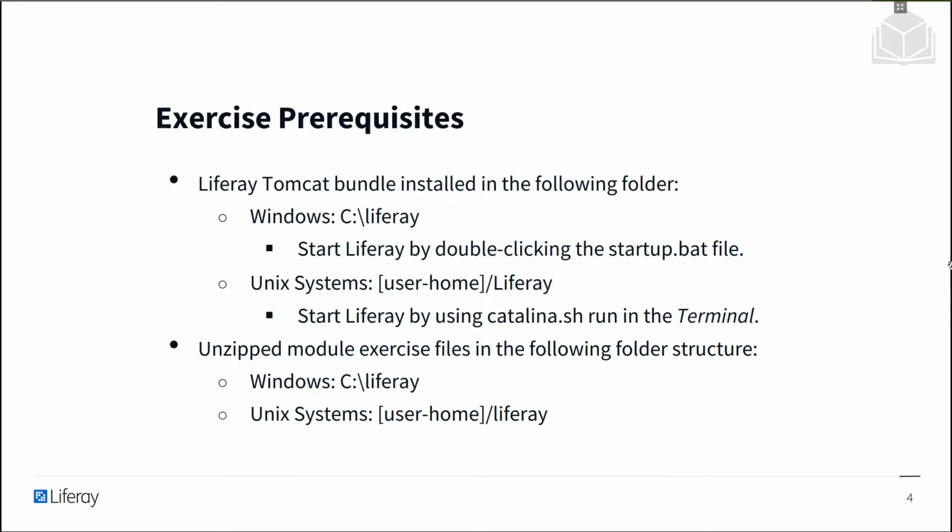If you're on Mac or Linux, we recommend installing Liferay to a Liferay folder in your user's home directory. It doesn't actually matter where you install Liferay, but using these paths can help to avoid confusion during the exercises. Also, Windows has had problems dealing with paths longer than 255 characters, so a short path is ideal for Liferay.